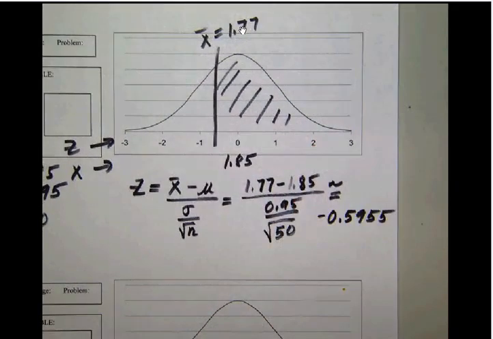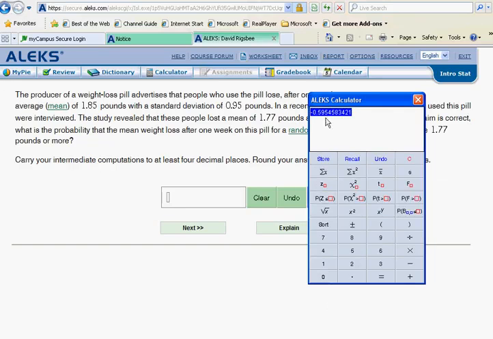Now once again, we're going to be using the P of Z button, but since that's the area to the right, you must remember that the P of Z button likes the area to the left. So I'm going to store this value and erase 1 minus the P of Z. Keep in mind it likes going to the left, so we'll recall our value here. I'll keep all the digits and then we'll just let it crank.